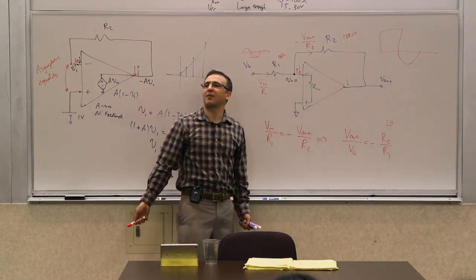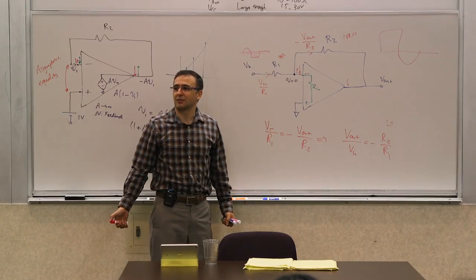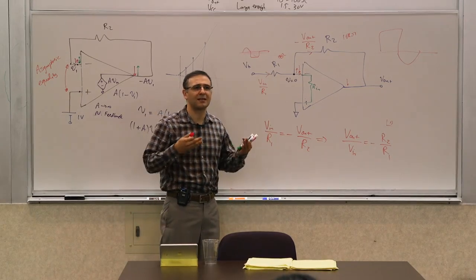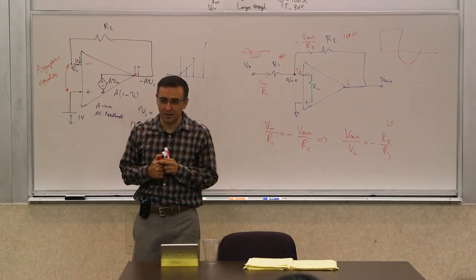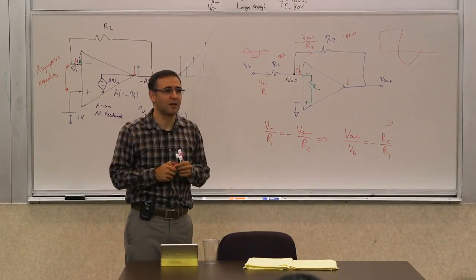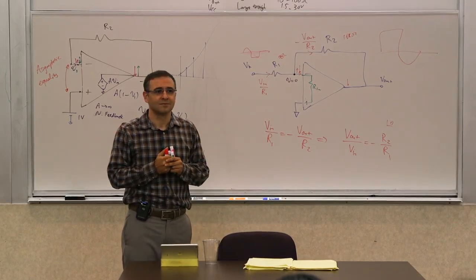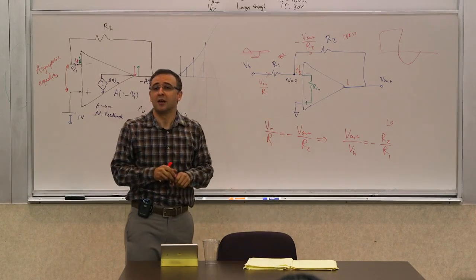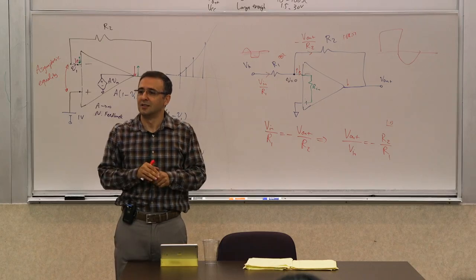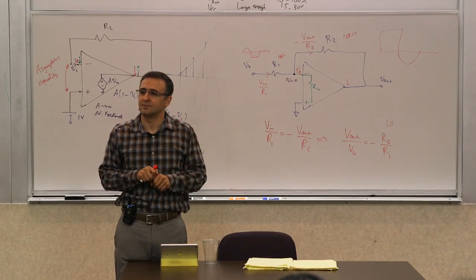Why didn't you make an amplifier with a gain of 10 to begin with, instead of doing this complicated thing? Can someone think of a good reason for doing it this way, as opposed to the other way? Any thoughts? Yes. If you just made the amp with a gain of 10, then you'd run into issues with non-ideal behavior.